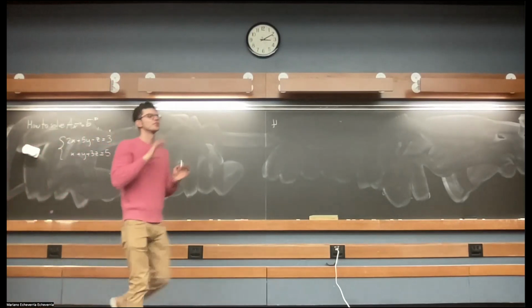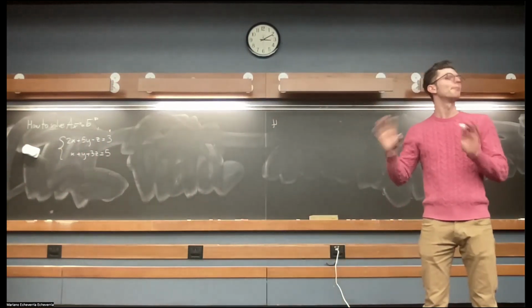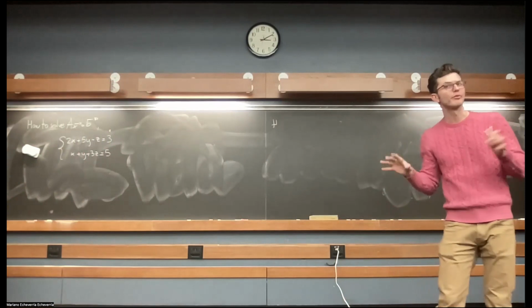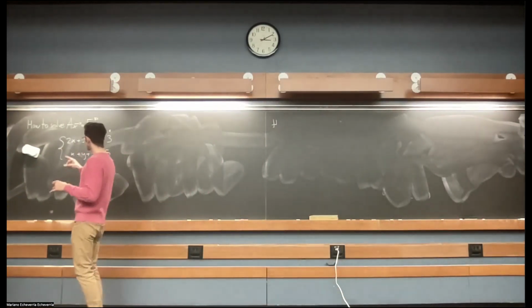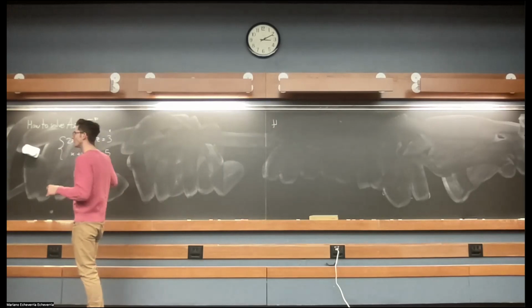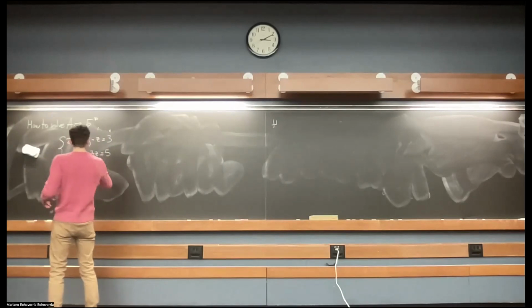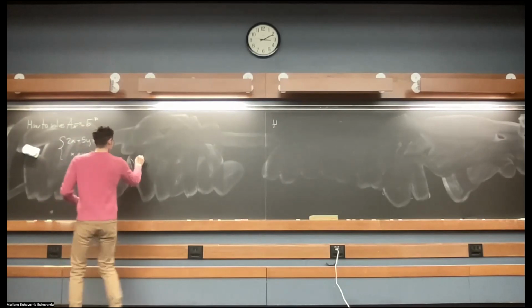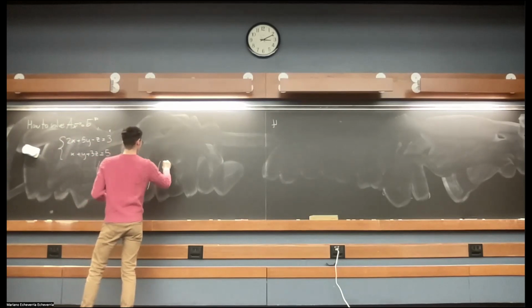The first thing you need to know is how to represent this as a matrix type system of equations. What you literally do is copy the coefficients in front of x, y, and z, and those become the entries of the matrix. So this is the same as 2, 5, -1, 1, 1, 3 times the vector x, y, z equals 3, 5.